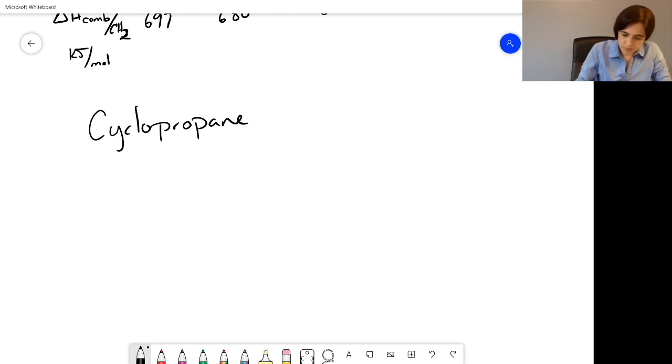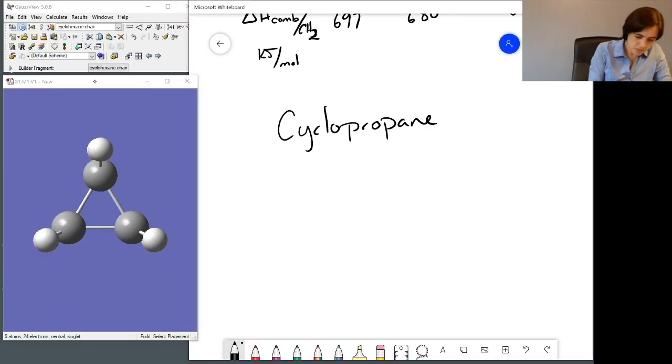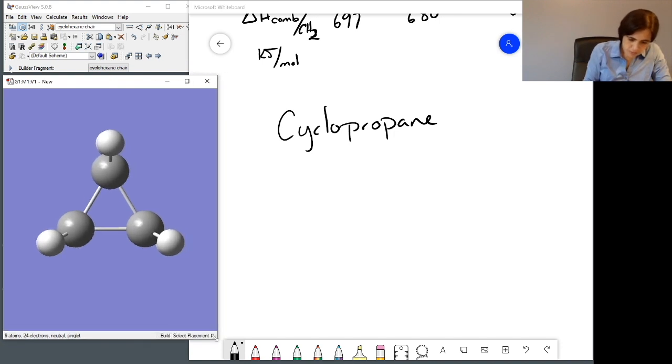All right, so we can see a model of cyclopropane here. Now, cyclopropane is in fact a flat structure. You can't bend a three-membered ring, right? So what we see here is that we do in fact have a 60-degree angle between our atoms.